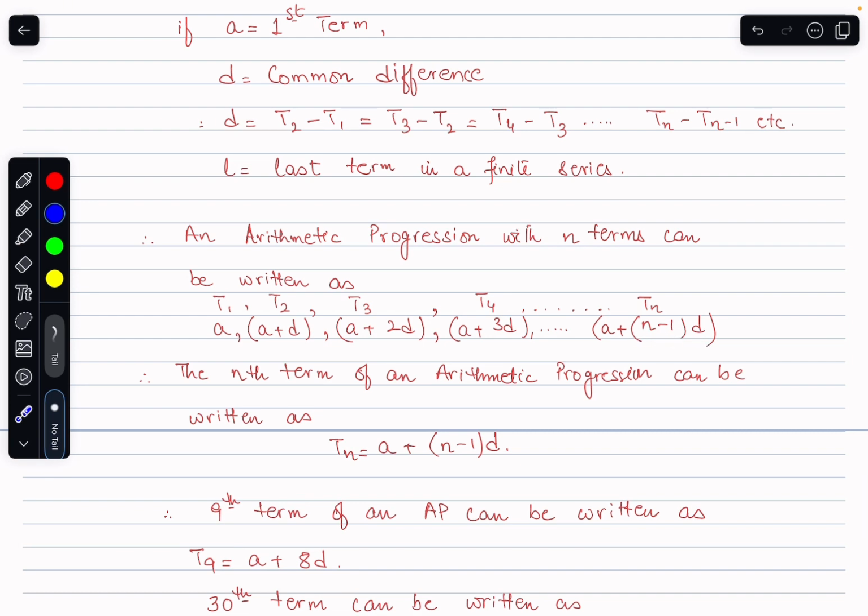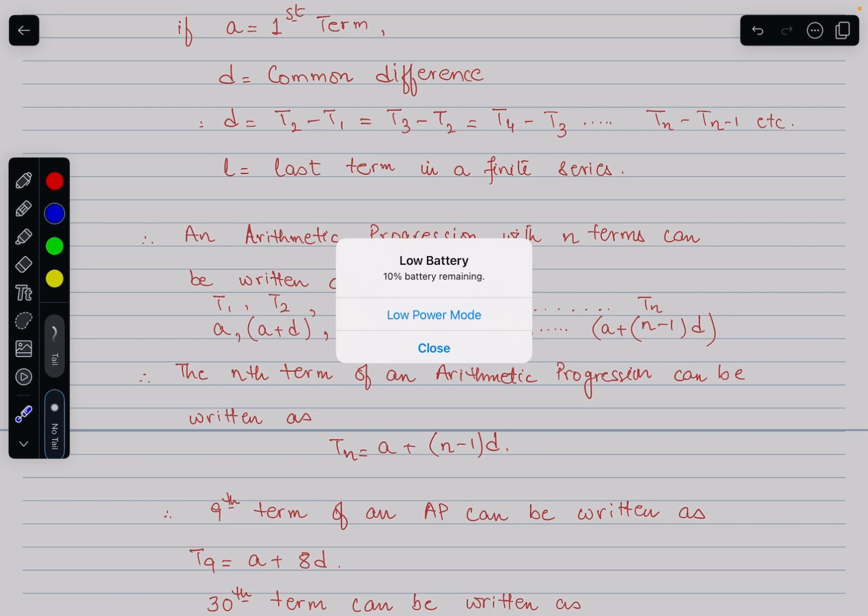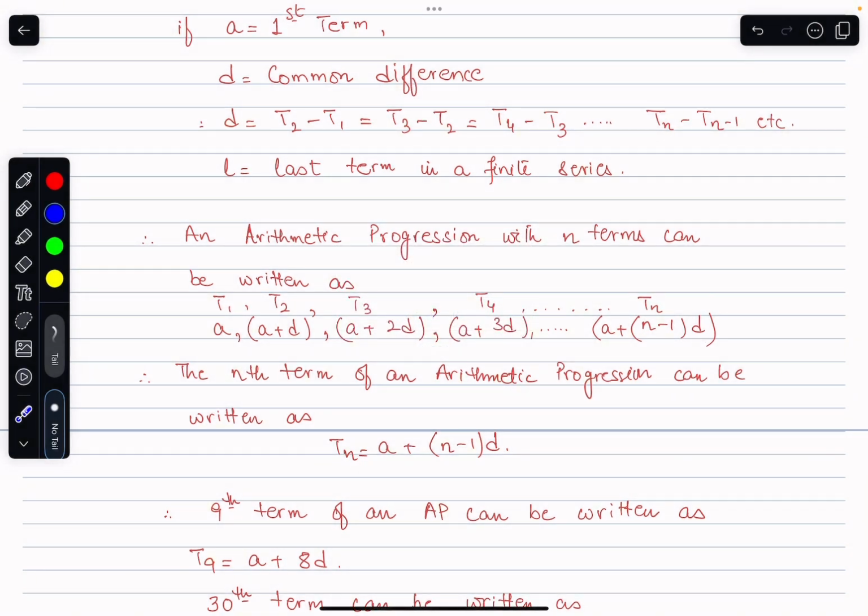So what I notice here is that if this is the second term, then the coefficient of d is 1, 1 less than 2. If it's the third term, then the coefficient of d is 1 less than 3, therefore it's a 2 here. And then it's 4 minus 1, that's a 3. So for every term, d has a coefficient which is 1 less than n.